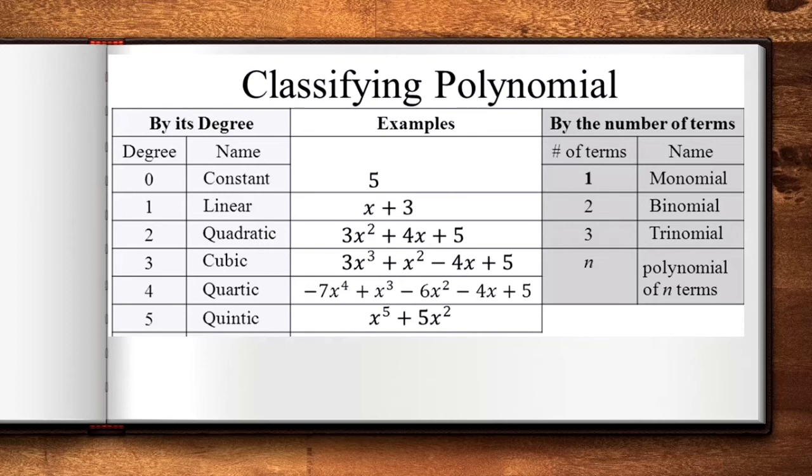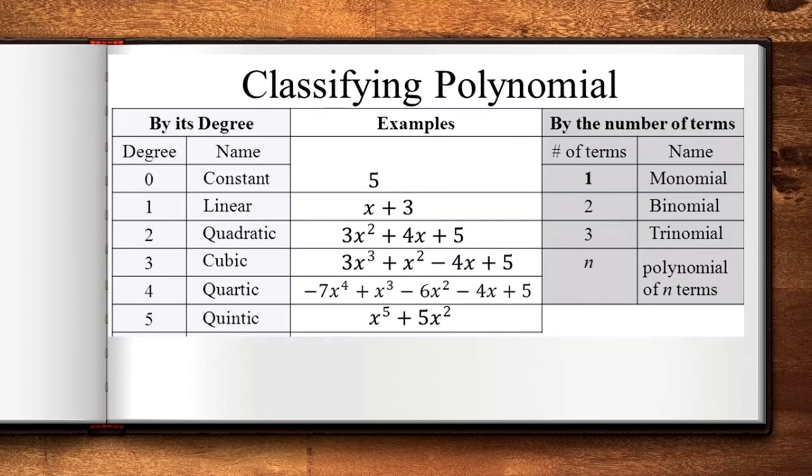As we see in example 2, x plus 3 is a linear polynomial because its degree is 1. A polynomial with degree 2 is called quadratic, with degree 3 is called cubic, degree 4 is called quartic, and a polynomial with degree 5 is called quintic. Thus, we learned that a polynomial could be classified based on degree as constant, linear, quadratic, and so on.